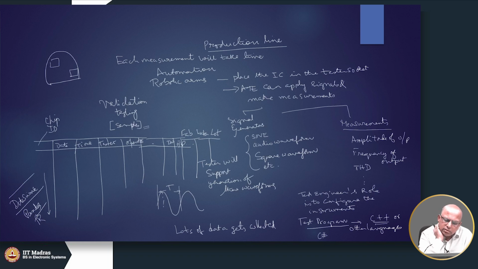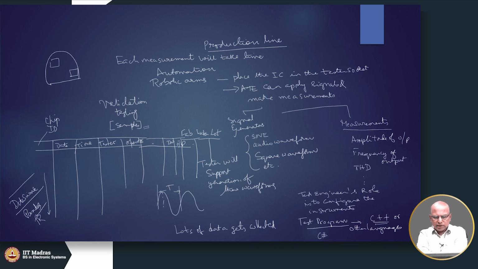Whether we can do this kind of measurement for every IC that we manufacture, it is very hard. So, most likely it will be on a sample, and from the sample we may be able to draw some conclusions, and we may be able to make adjustments in the manufacturing process in order to improve the yields.